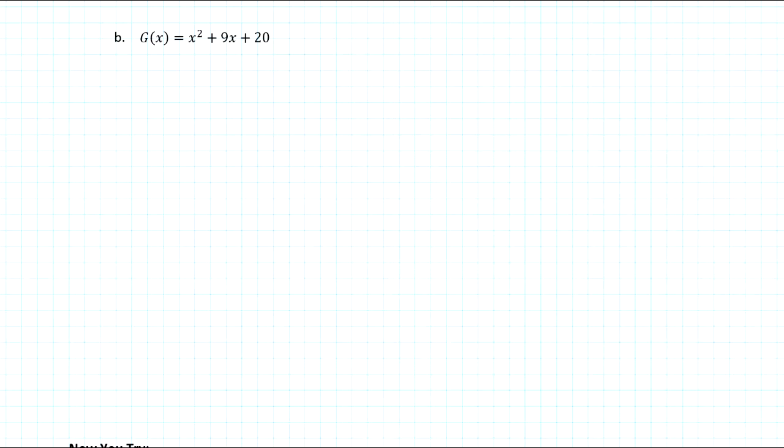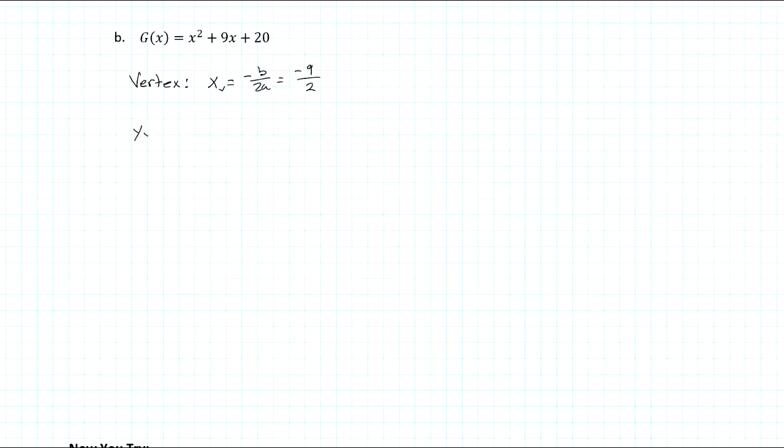Let's go ahead and start with the vertex. We'll get the y-intercept after that. For the vertex, we'll start with the x value of the vertex is going to be negative b over 2a. In this case, that's going to be negative 9 over 2. It's not the nicest number, is it?